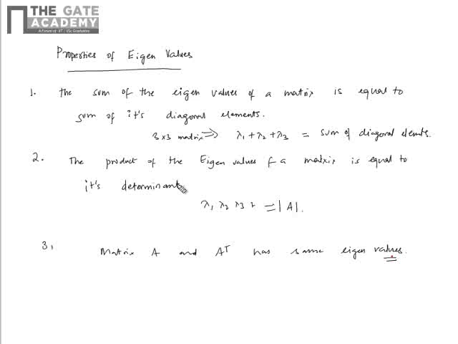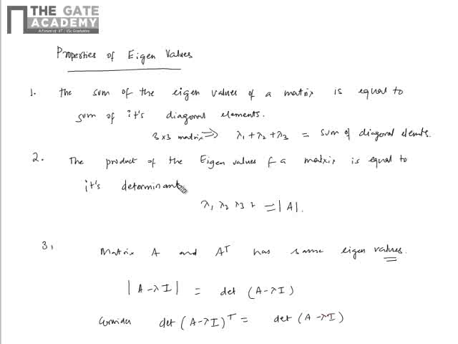Okay, so let's try to derive this fact. Let's start something like this. From the characteristic equation you have something like this. Now we know that this is the determinant, so I can write that of A minus lambda I. Now we can write that A minus lambda I whole transpose is equal to that of A minus lambda I, because the determinant of some matrix transpose is equal to the determinant of the matrix.